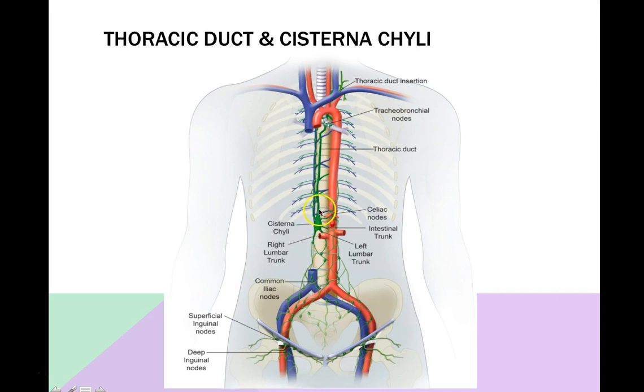And that will bring lymph into your thoracic duct that will travel up intermediate between the azygous vein and your hemiazygous vein system and accessory hemiazygous veins. You'll also find it intermediate to the descending aorta.